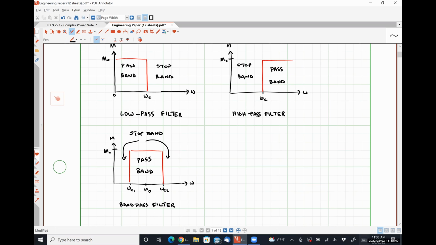And then our final type of filter that we're going to talk about in this class is the band stop or notch filter.